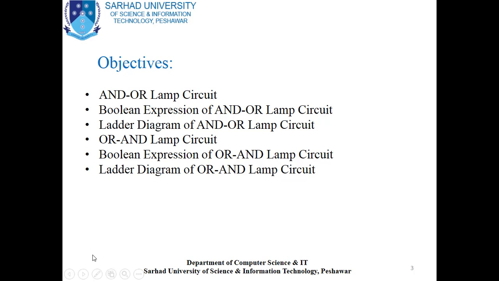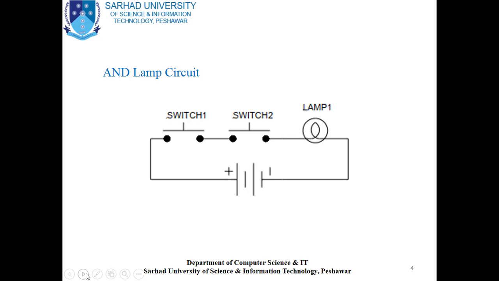Switching to the next slide. Here you can see the schematic diagram or circuit diagram of the AND lamp circuit. Here you can see switch 1. This switch has two terminals. This is the first terminal and this one is the second terminal.